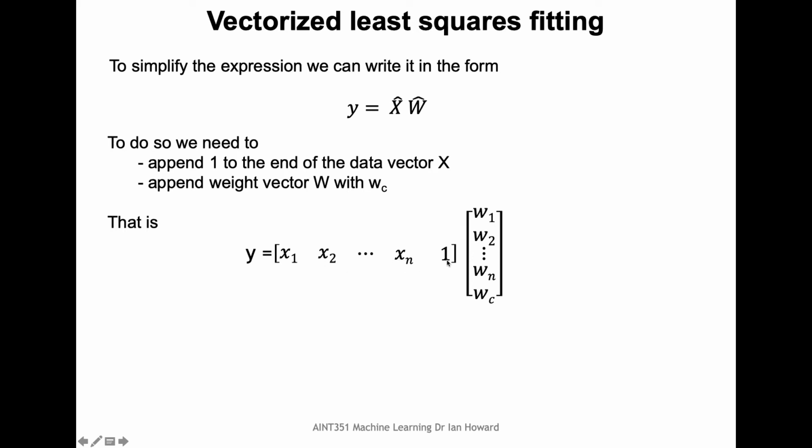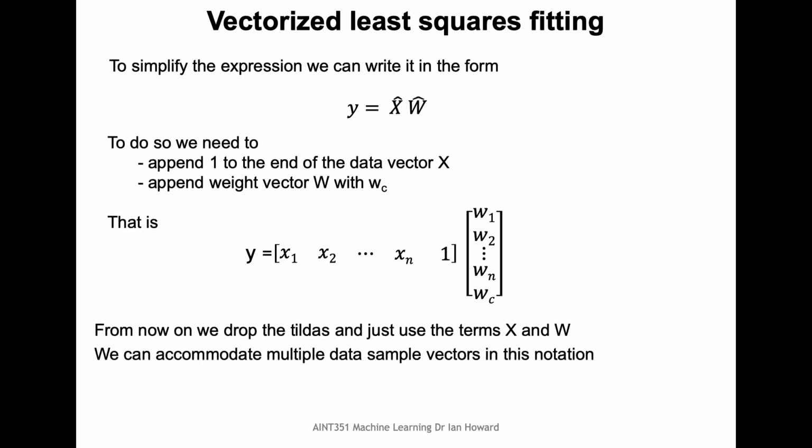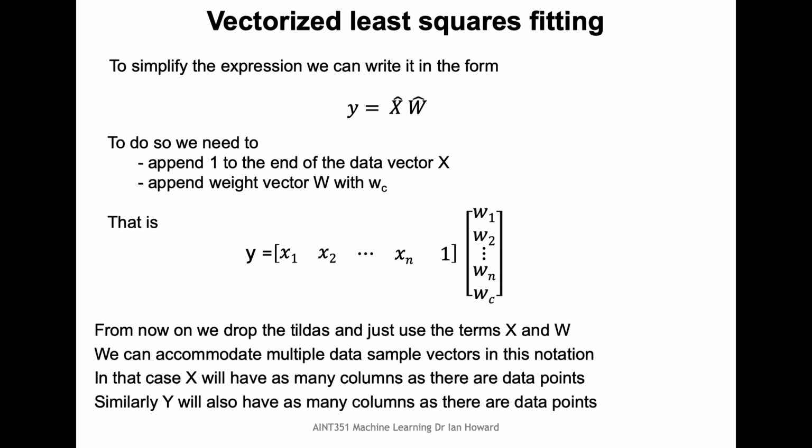We've appended it with a 1 at the end here, and we've appended the weight matrix with a WC here. So when we multiply the last term, it basically just adds on the constant term, right? So we've managed to rewrite that in this appended form, which is nice and clean, so we haven't got any odd terms on their own, and it makes analysis a lot easier.